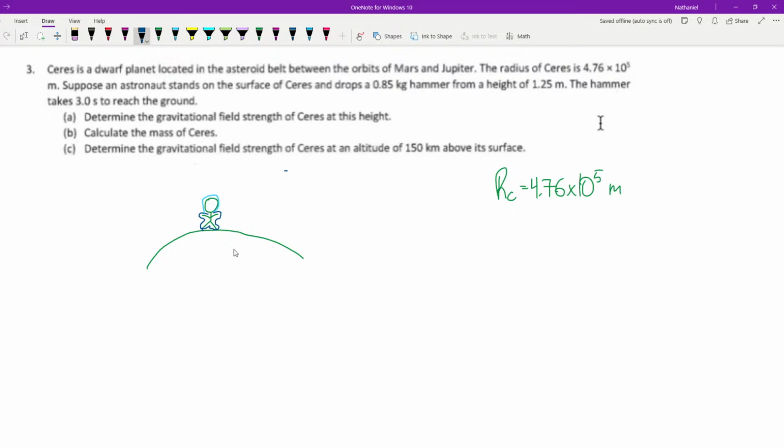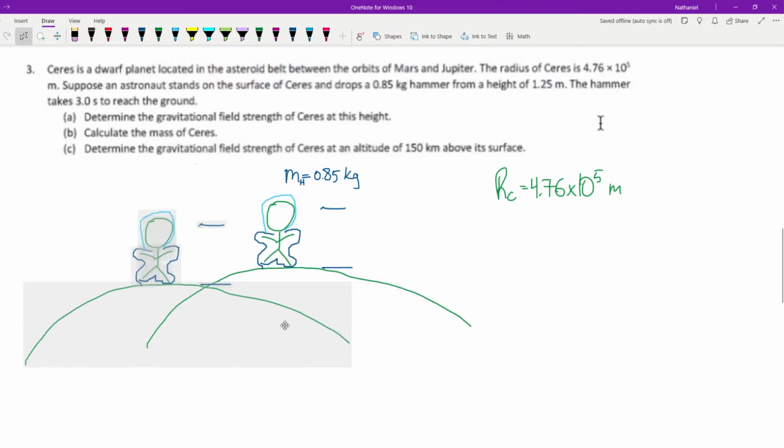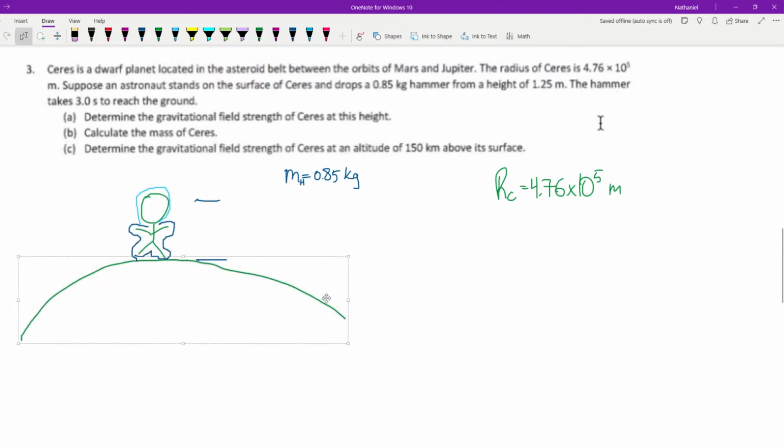And drops a 0.85 kilogram hammer from a height of 1.5 meters. Okay, so maybe we can even do this and say, well, that's not fair, they're on the surface, right?